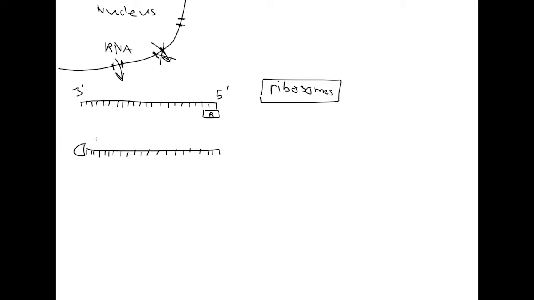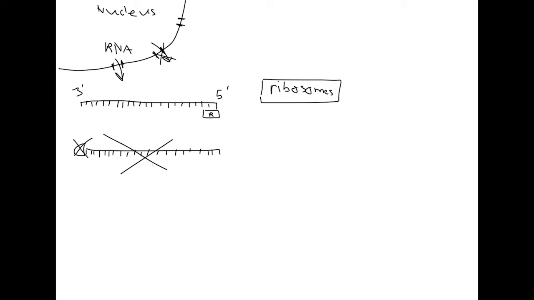So RNA is stable with this cap on, but without this cap, it's going to be very unstable, and there's a very high likelihood that it will begin to degrade. And it will no longer be able to be translated after it's been degraded. So this cap will be removed, and this RNA will no longer be able to be translated. So that's another way that it can be controlled.